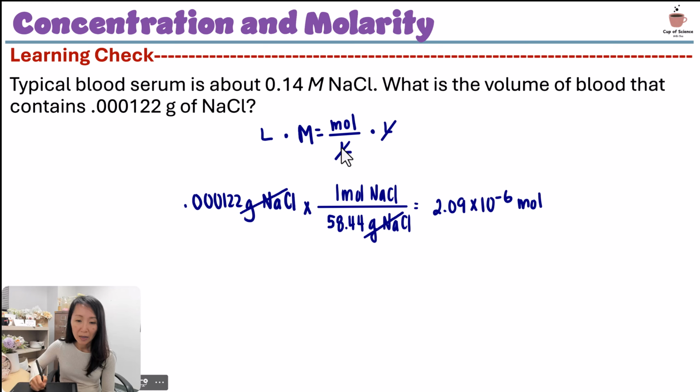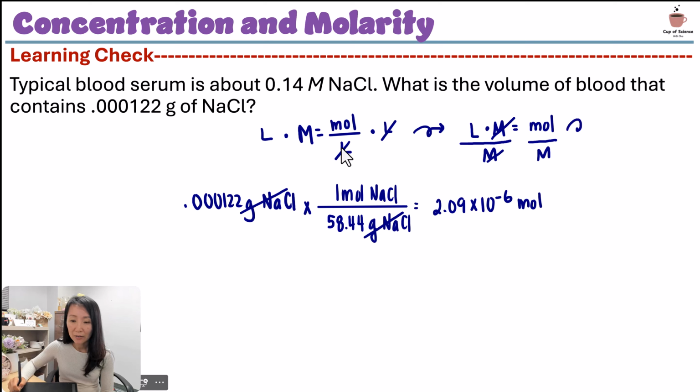Okay, so that forms into, I'm going to write on the right, liter times molarity is equal to moles. Well, I want to get rid of the molarity, so that liter is by itself. So I'm going to divide both sides by the molarity. And so now we can write that liter is equal to moles over the molarity.